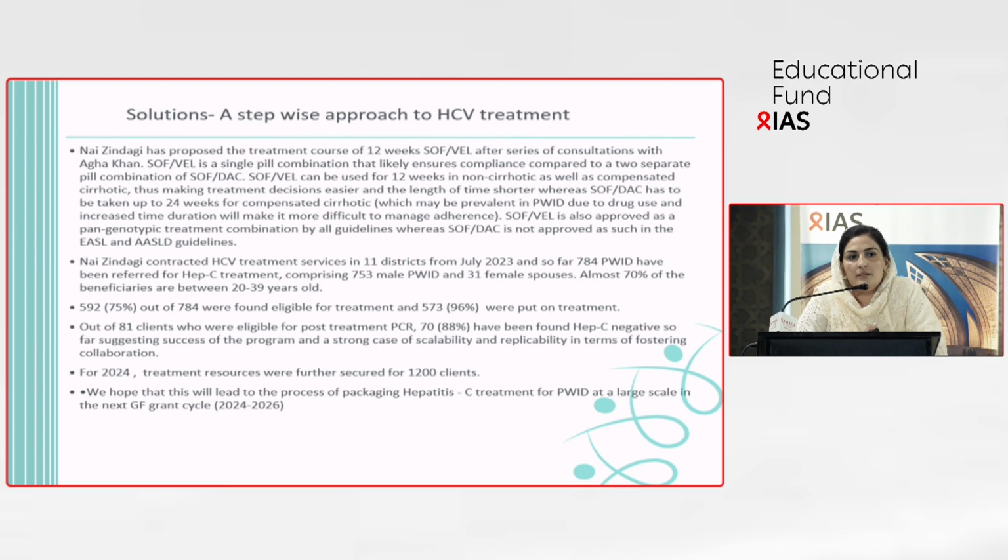This is another thing, because cirrhosis is quite prevalent in PIVOT, which may be a reason that SoftWell is a strong case to be used for PIVOT. And again, SoftWell is also approved as a pan-genotype treatment combination.